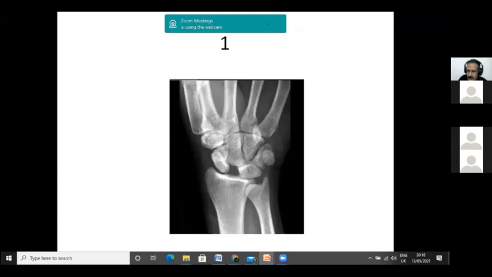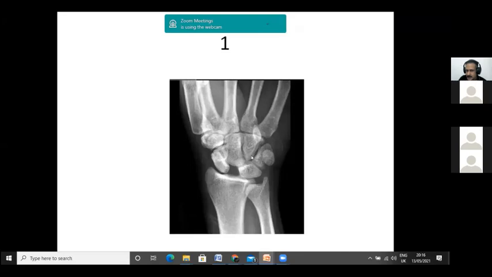Yes, sir. So in this X-ray, instead of saying that there is a gap between here, I would suggest saying initially the arc. There are two arcs here. What are these arcs known as? Gilula lines. Very good, perfect. So there is a lesser arc and a greater arc, and you can see that the greater arc is disrupted.